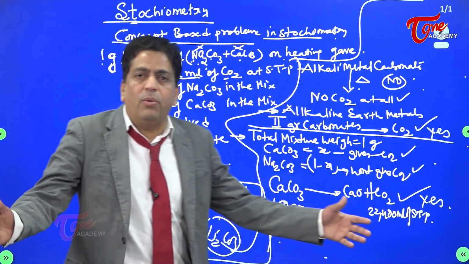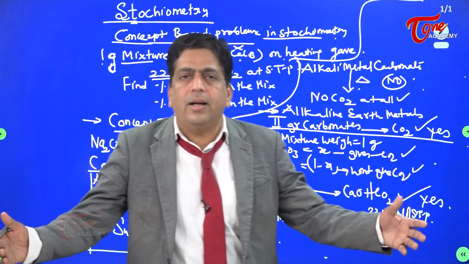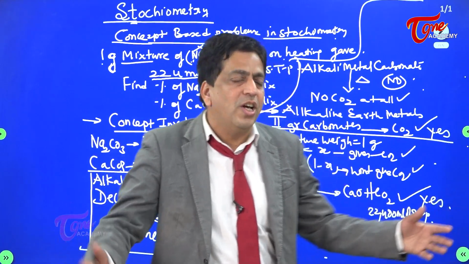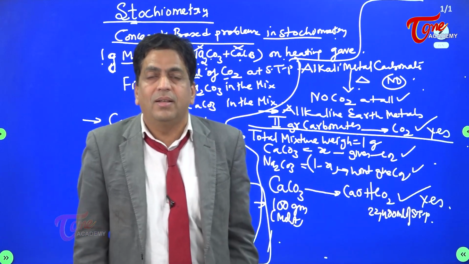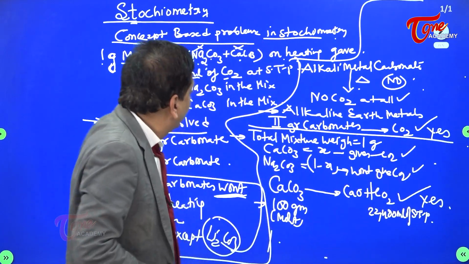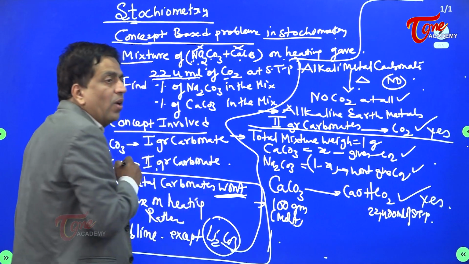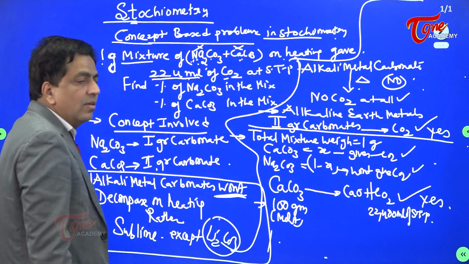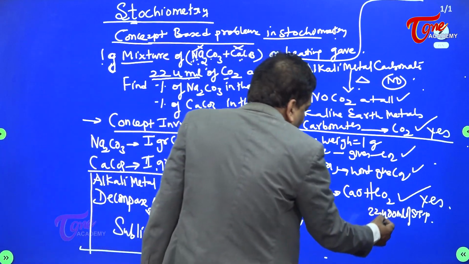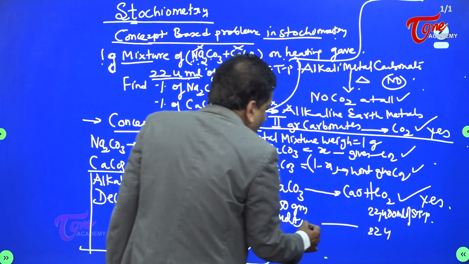So if anyone anywhere in the world is heating 100 grams of calcium carbonate, you will get 22,400 milliliters of the gas at STP. But how much did you get? 224. And it is all given by calcium carbonate and it's not given by sodium carbonate. So if 100 is giving this much, 224 will give you how much?